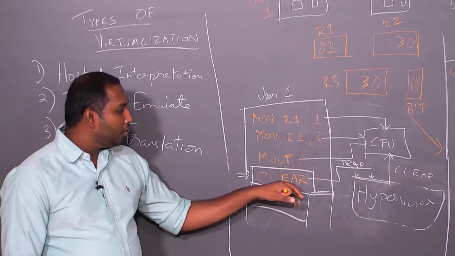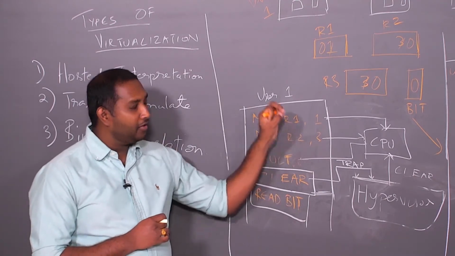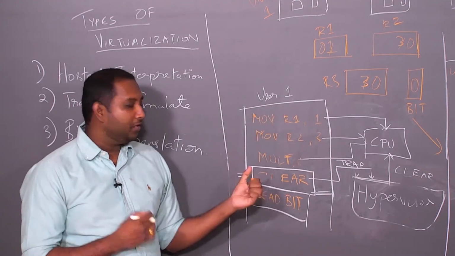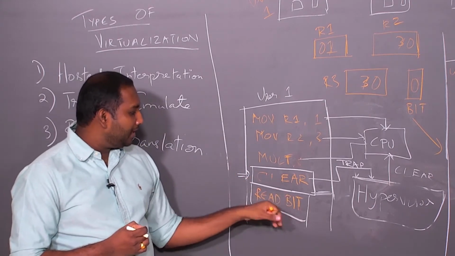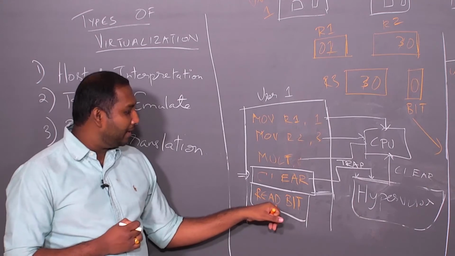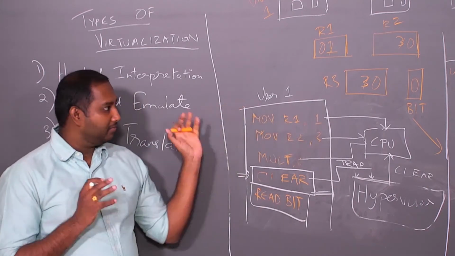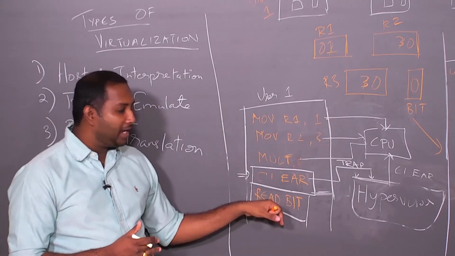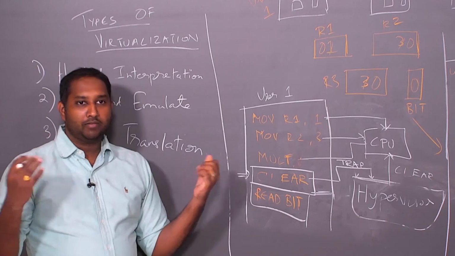You're not actually changing the hardware register, you're changing the state of the virtual machine, which you can do without privilege. Similarly, whenever you have a read bit that was supposed to read the hardware bit, you change it so that you read U1's virtualization state dot bit.